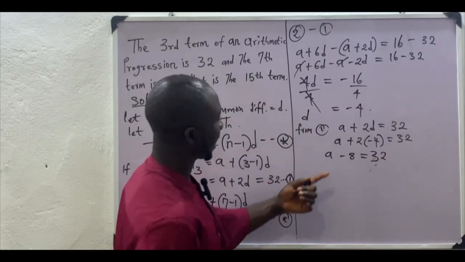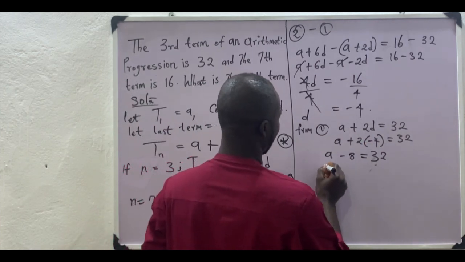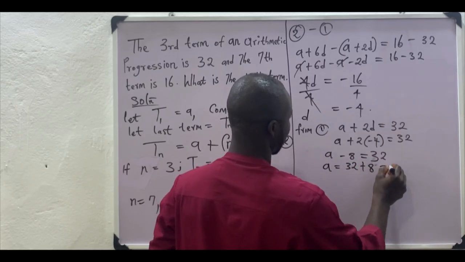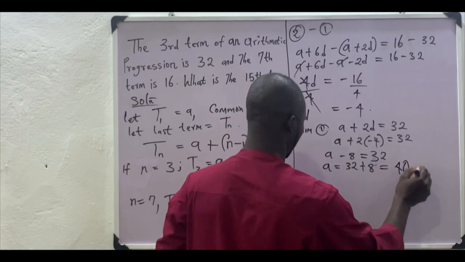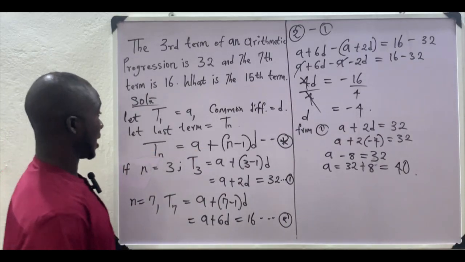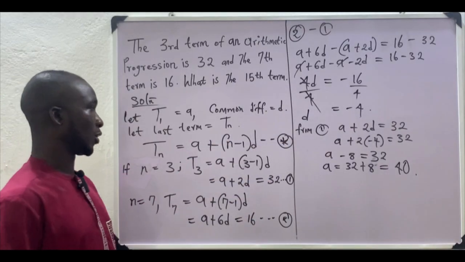If we then add 8 to both sides of this equation, we have that a is 32 plus 8, and this will give us exactly 40. So our a is 40 and our d is minus 4.